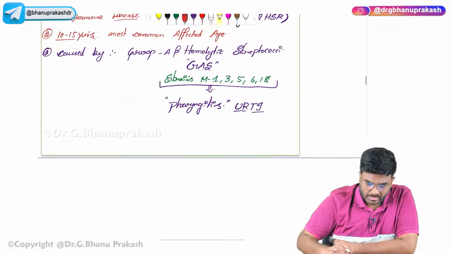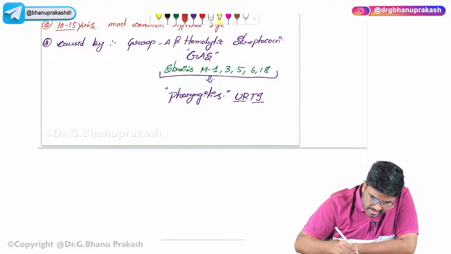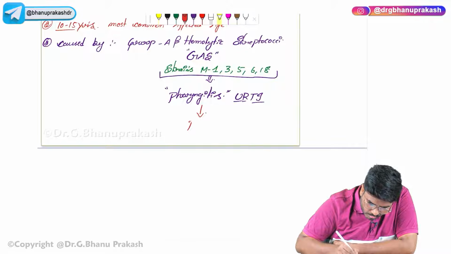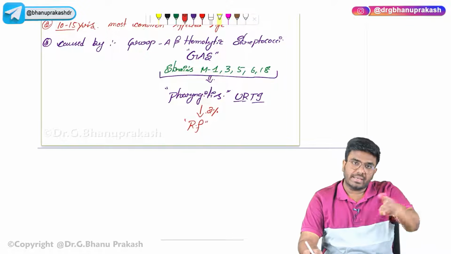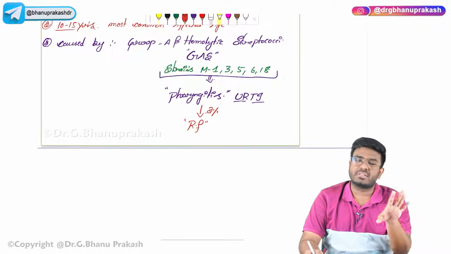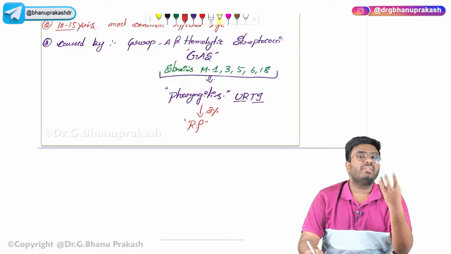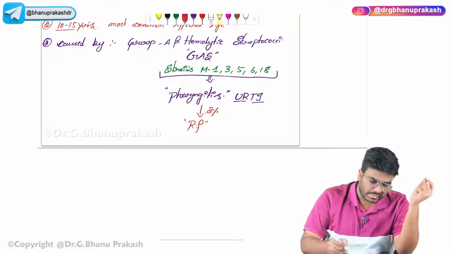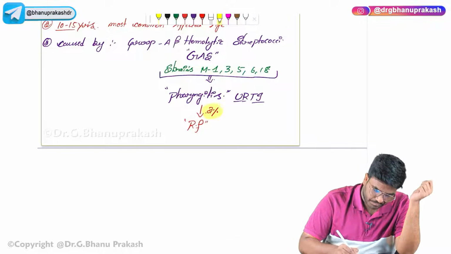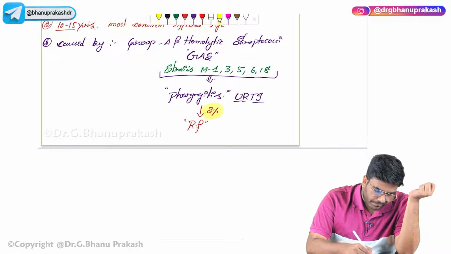I will tell you. But remember, pharyngitis leading to rheumatic fever is seen in only 3% of the cases. Not every child who gets pharyngitis is going to develop rheumatic fever, only 3% of the cases. This is an MCQ.